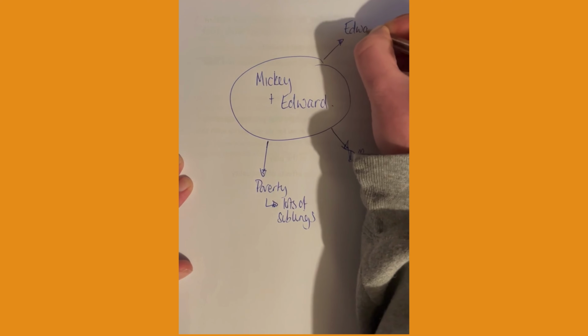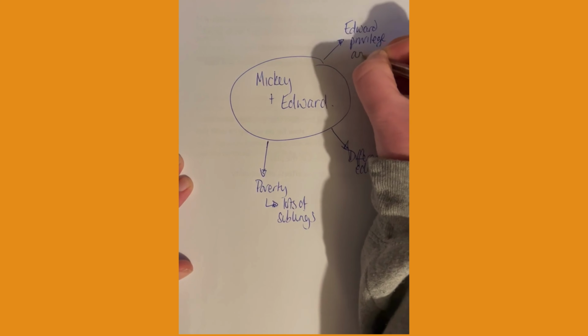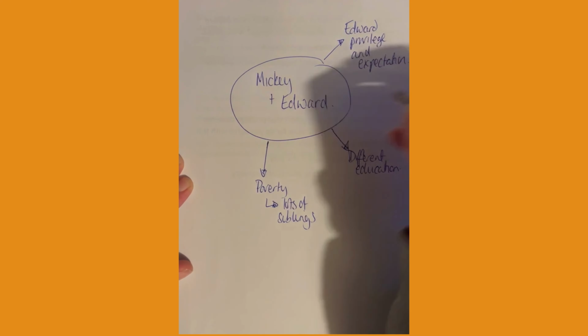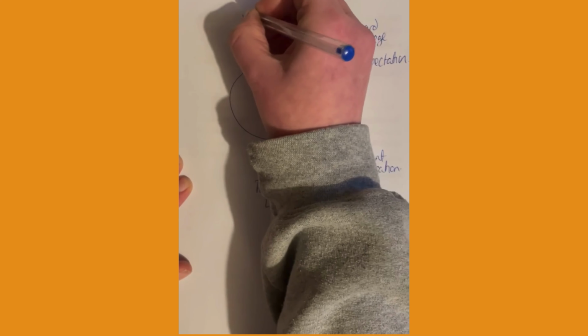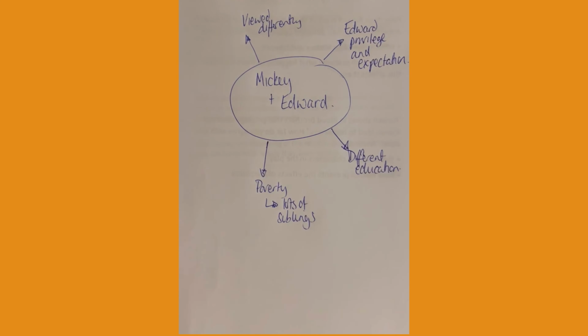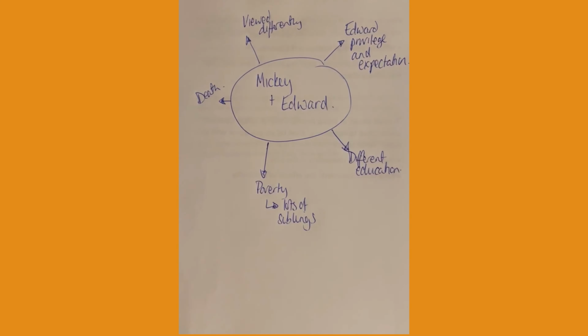Edward has privilege and expectation. They are viewed differently by people. Ultimately, however, at the end of the play, it is a tragedy for both. So they've had different experiences of childhood, and yet ultimately they have ended up in the same place.